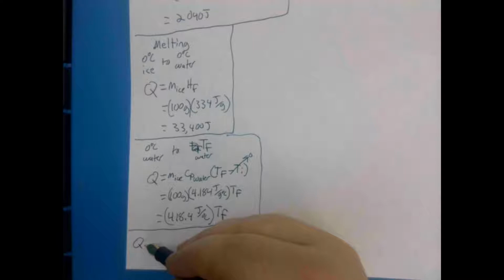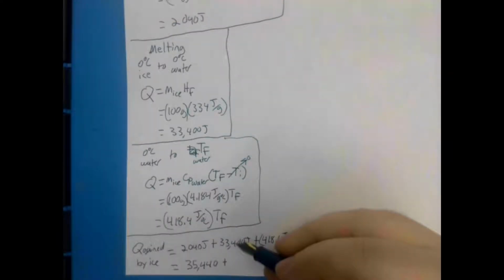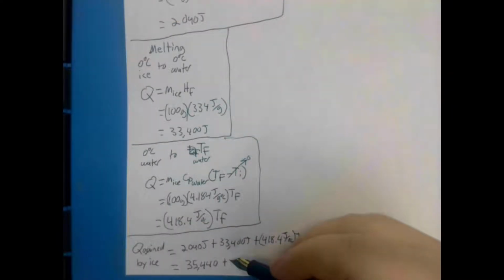And we can simplify that down to 35,440 joules plus 418.4 joules per degree Celsius times Tf. So this is our equation for how much energy the ice received to heat up before it reached equilibrium.